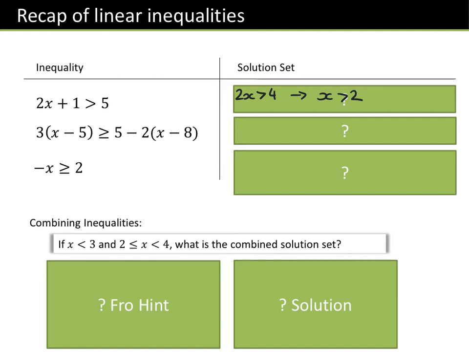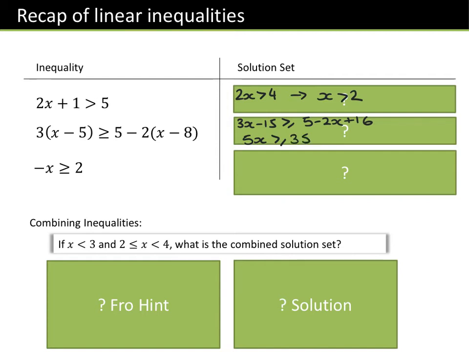Then on the second one, if we expand both sides, I'm going to get 3x minus 15 is greater than or equal to 5 lots of minus 2x plus 16. Okay, now I am going to do this in my head. So I'm going to move the 2x to the left-hand side to get 5x is greater than or equal to 5 plus 16 is 21. 21 plus 15 is 35.